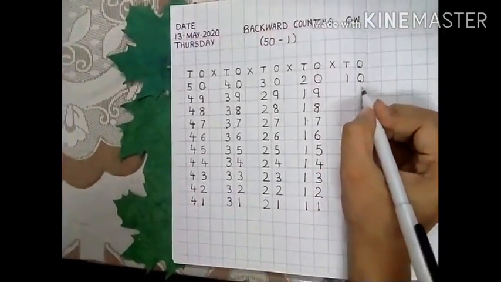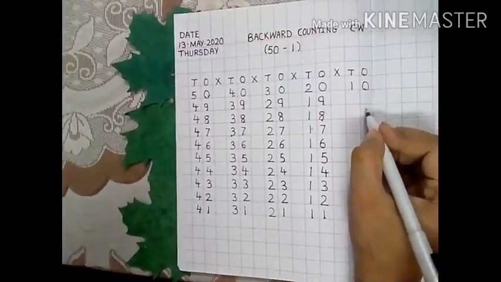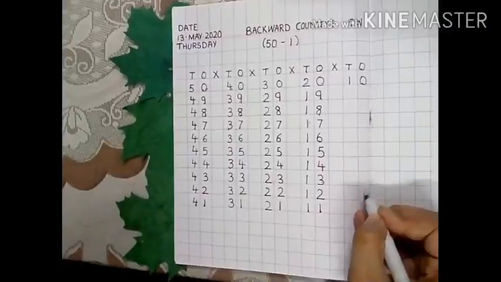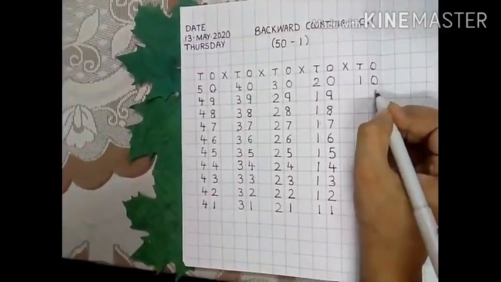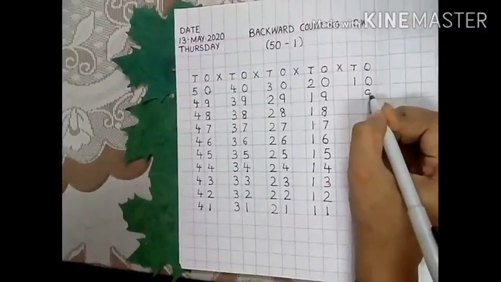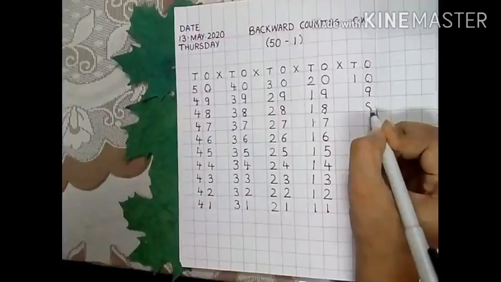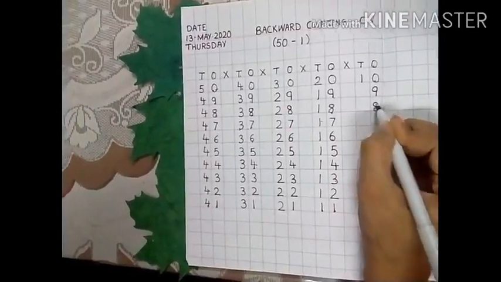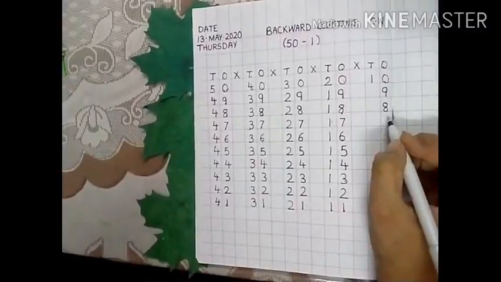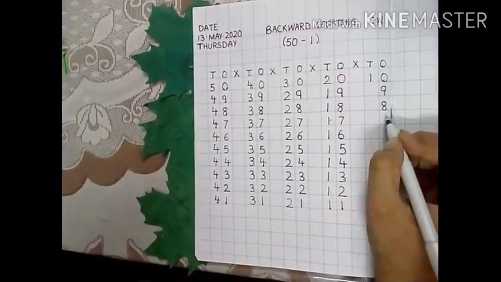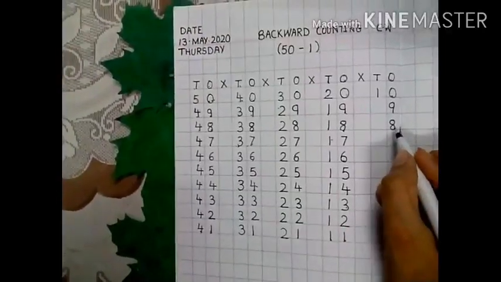9 to 1 are single digit numbers, so you have to write them in the ones place. Now start. 9, 8. Class, what is before 8?